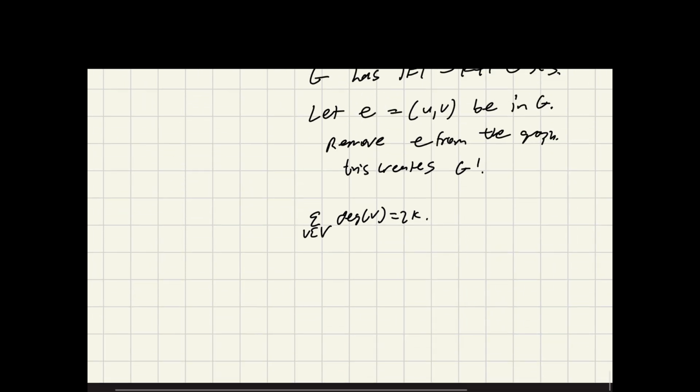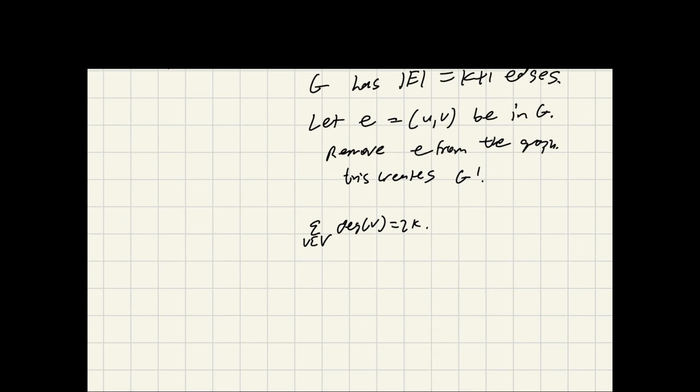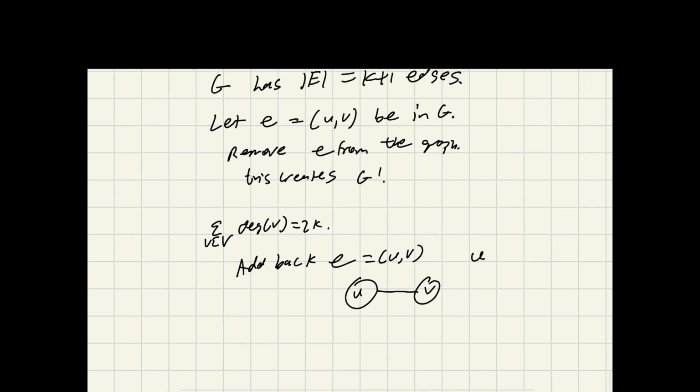Okay. Now, when we add back E equal to (U, V), we know that exactly in this example where there are U and V, when we add this edge back, U gains a degree. V gains a degree.